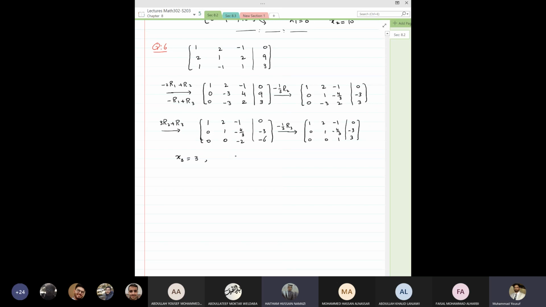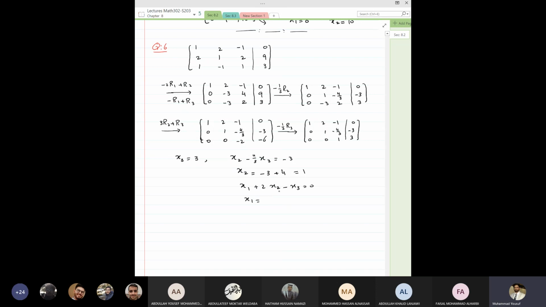Then from second row we get x2 minus 4 over 3 x3 equal to minus 3. Now we put value of x3. So x2 is equal to negative 3 plus 4 over 3 times 3 is 3. So plus 4. 1. x1 plus 2x2 minus x3 equal to 0.